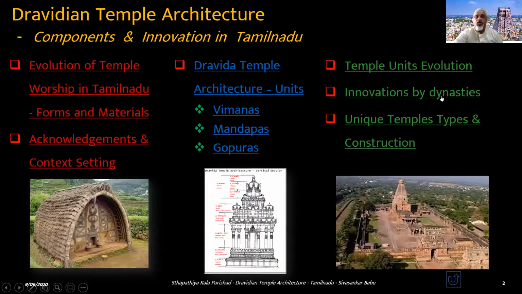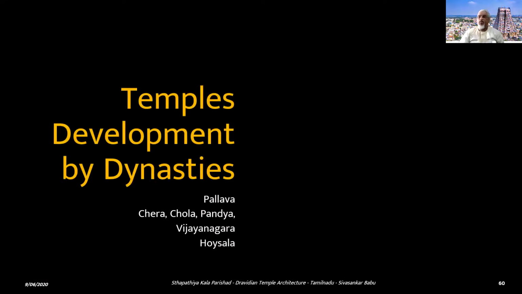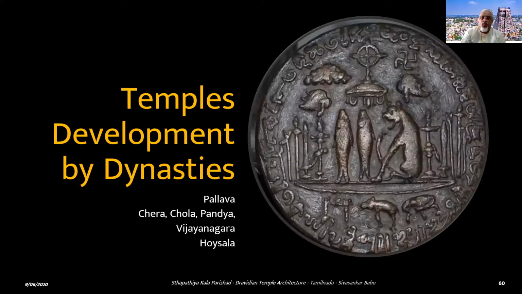Now, having seen the evolution and the expansion of the temple, let us see how this structure was done by the various dynasties. If you see the dynasties that have been ruling South India as well as Tamil Nadu, primarily from Sangam days, Chera, Chola, Pandyas were there, and then later on Pallavas had a major say during 600 to 800, and were responsible for a lot of innovation and experimentation in this.